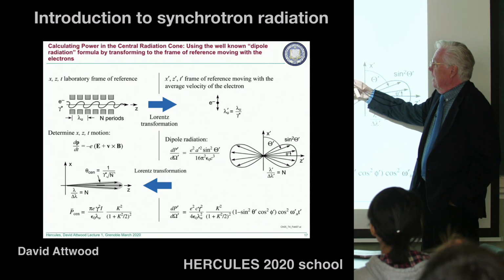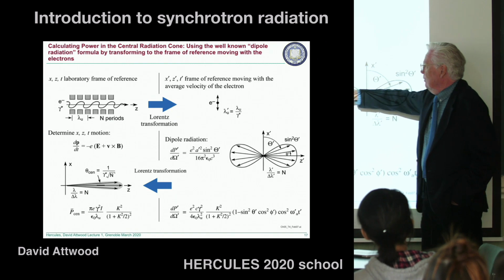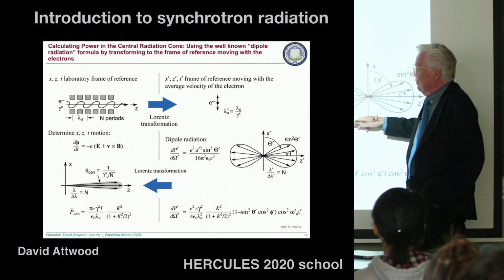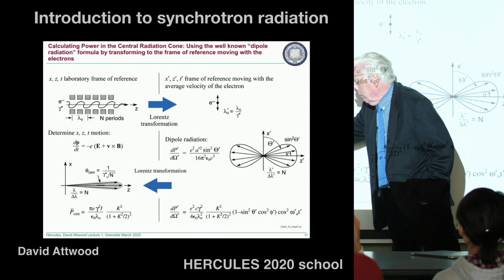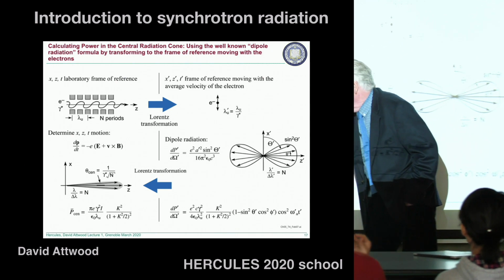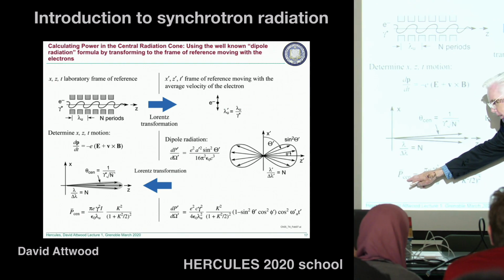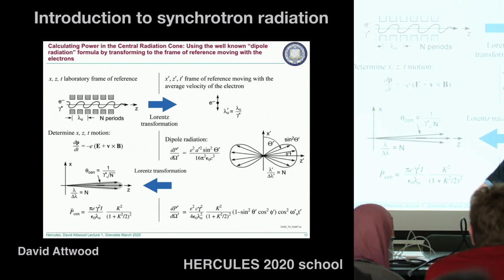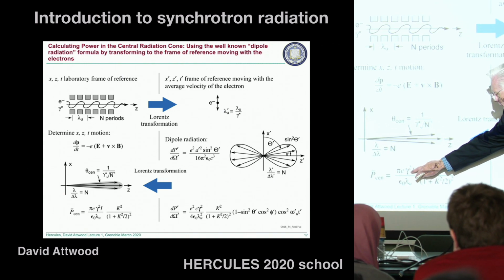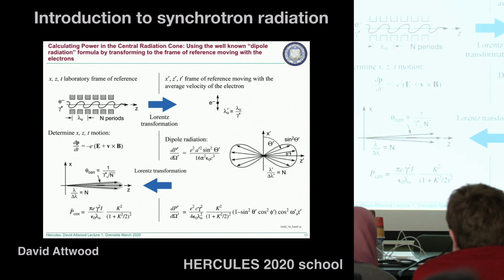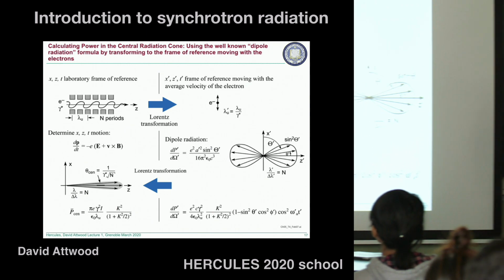And so in the frame moving with the electrons, we use this formula, and then we do what's called a Lorentz transformation of all of this back into the laboratory frame. And this is our formula, that the average power radiated within the central radiation cone depends on the acceleration squared, the current, and gamma squared. Okay? So can someone make a comment?